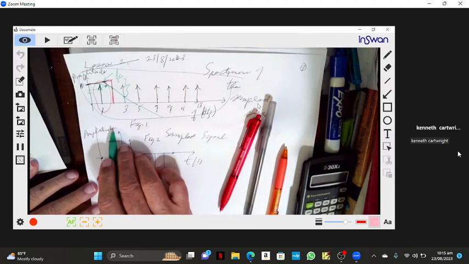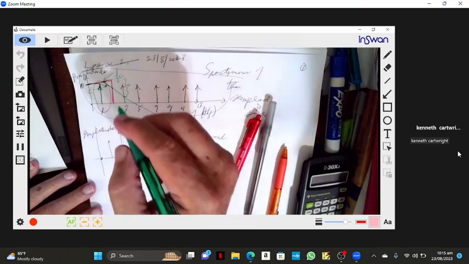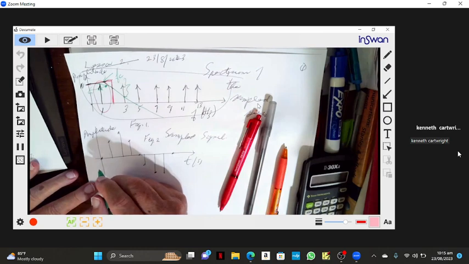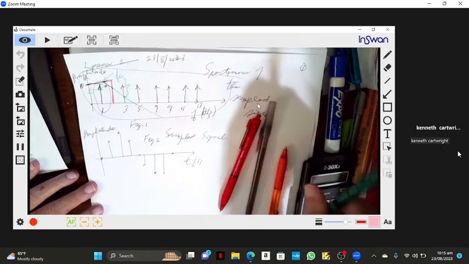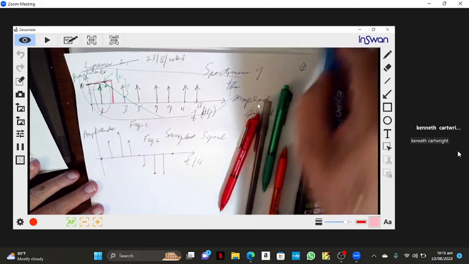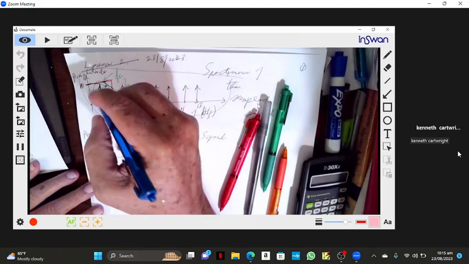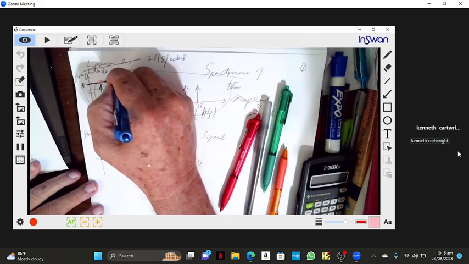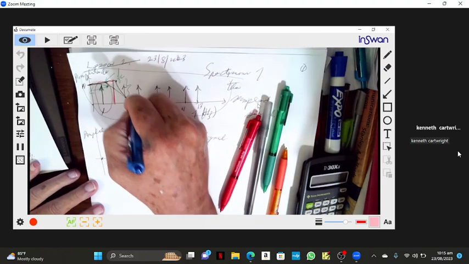The higher order the filter, the closer we get to 3,000 in the cutoff frequency, because a higher order filter will be doing that.